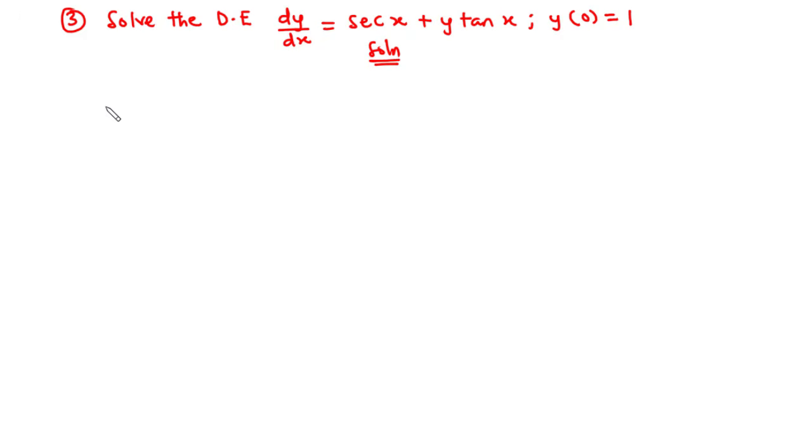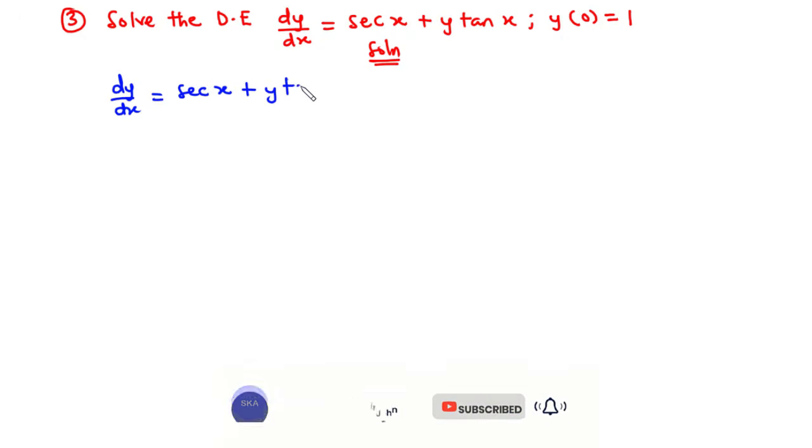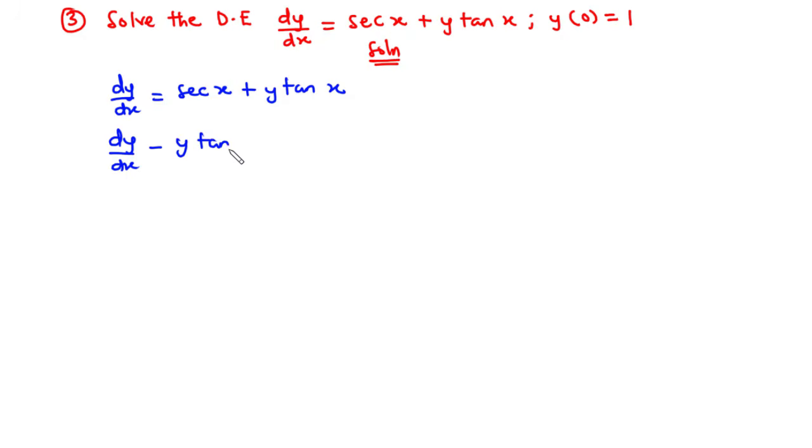So we have the differential equation given in the form dy dx equals sec x plus y tan x. Now this is not the form we are looking out for, so we can transpose y tan x to the left hand side. So that becomes dy dx minus y tan x equals sec x.